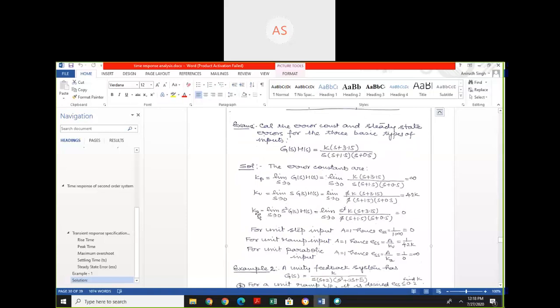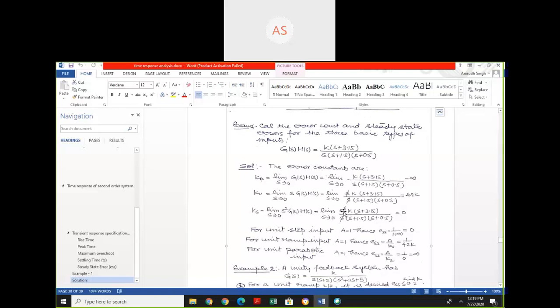Similarly, this is not Ks, this is Ka, the acceleration constant. It is given by limit s approaches 0 of s square G(s)H(s).